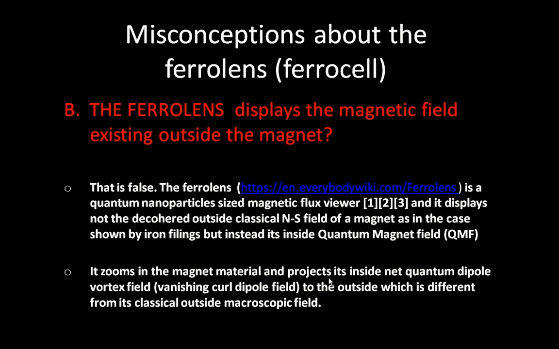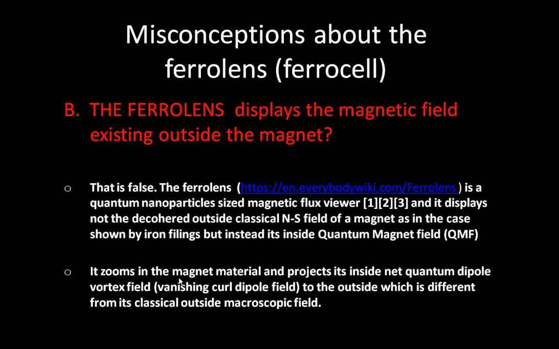I'm sure most of the ferrolens enthusiasts know what I'm talking about, this dipole vortex field, which has a vanishing curl, a spiraling dipole field of magnetic flux lines. And it projects this inside field to the outside, which is of course different from the classical macroscopic field we are all used to.